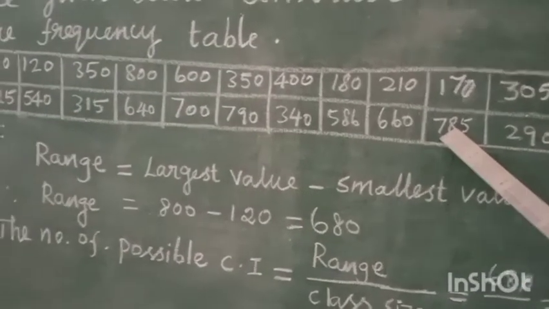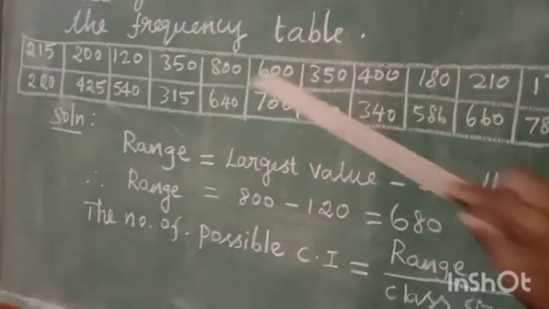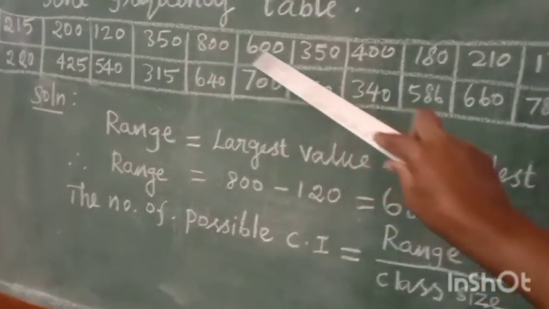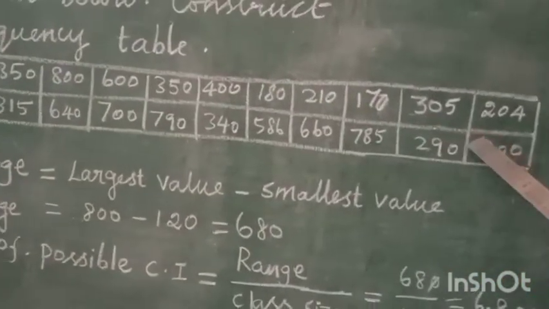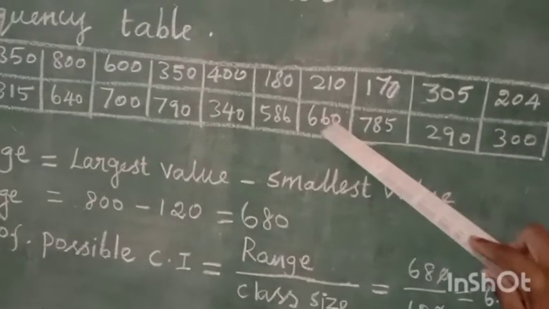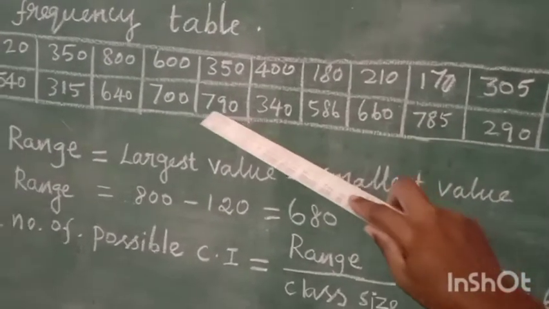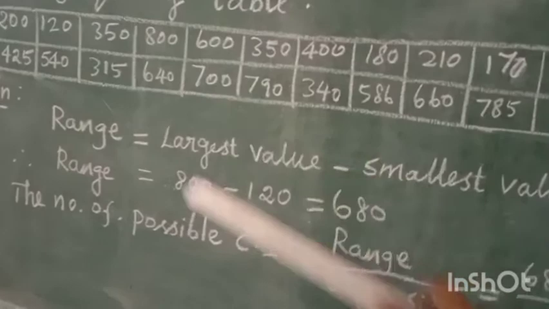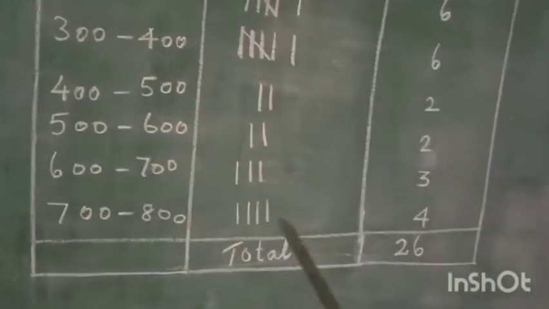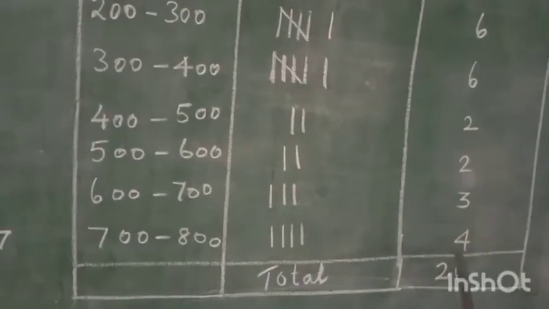One more, where is it? Find out, students. 1, 2, 3, 4. Yes, 4 is there. So for 700 to 800, the frequency is 4, tally mark 4.